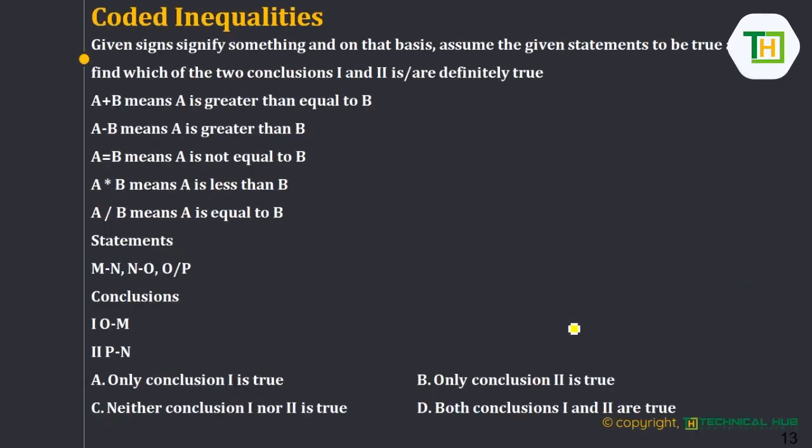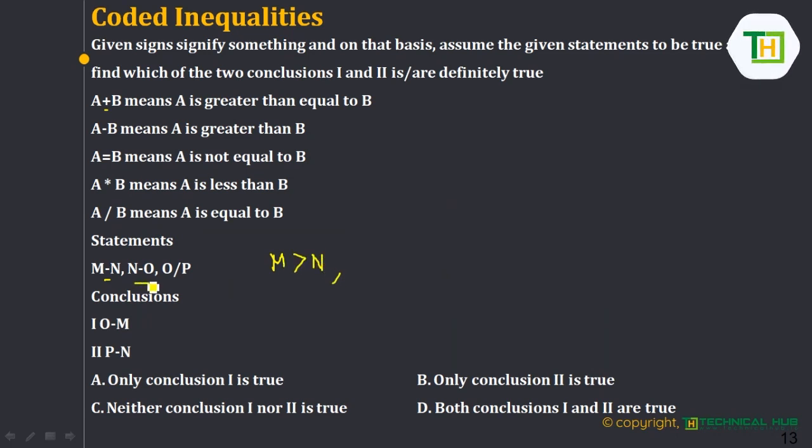Moving on to the next one from coded inequalities. They define different symbols like plus, minus, equal to, asterisk and slash. Let's take the statements here. It is m minus n, so minus means greater than. M greater than n is the first statement.